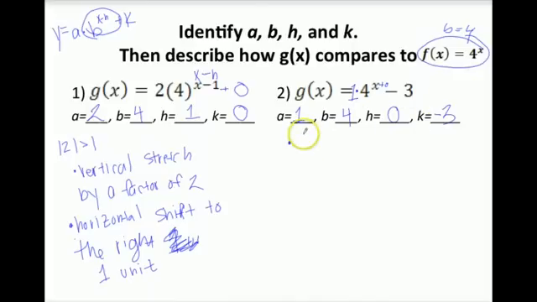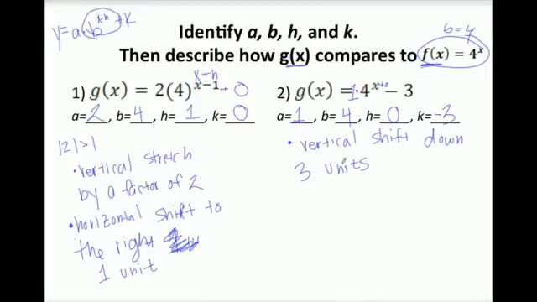And looking back at that definition, if K is negative, there's a vertical shift, so we have a vertical shift down 3 units. Now we don't have to say down negative 3 units because we've already indicated that negative value by indicating that we're going down 3 units. So it's going to compare to f of x by shifting down 3 units.